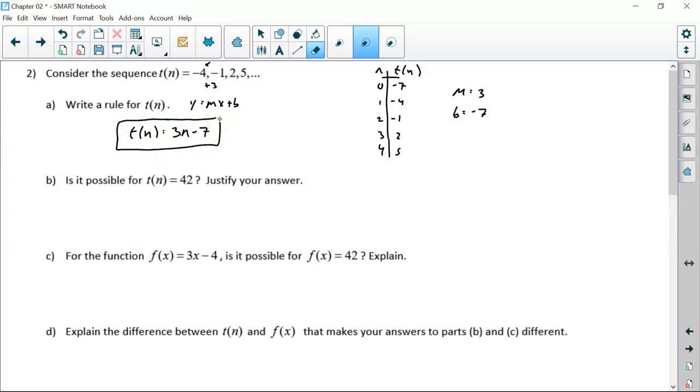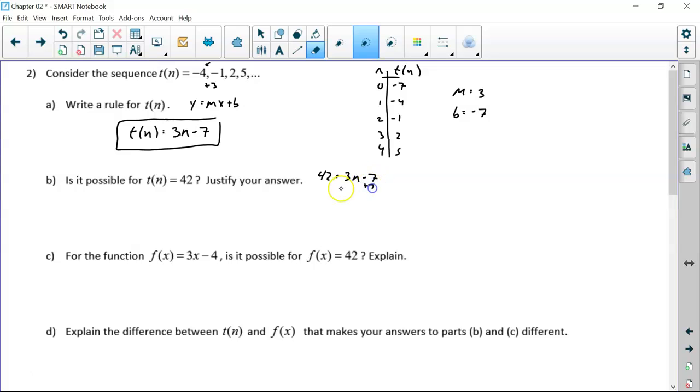Is it possible for T of n to equal 42? So what we're going to do is find out, are we going to get a whole number for n? Since this is discrete, our n value has to be a nice whole number. So 42 equals 3n minus 7.